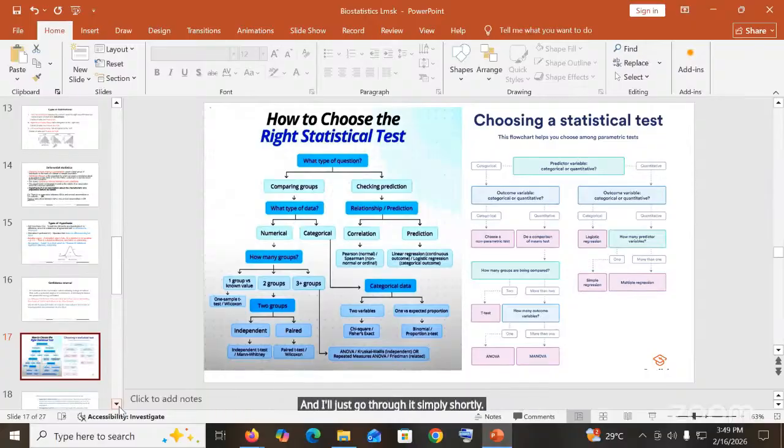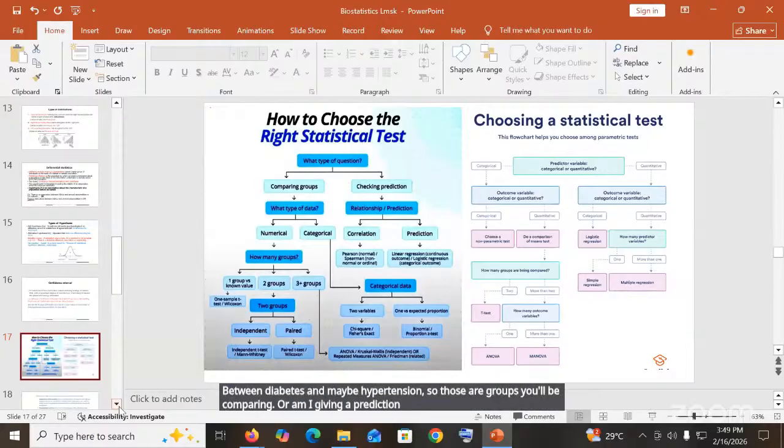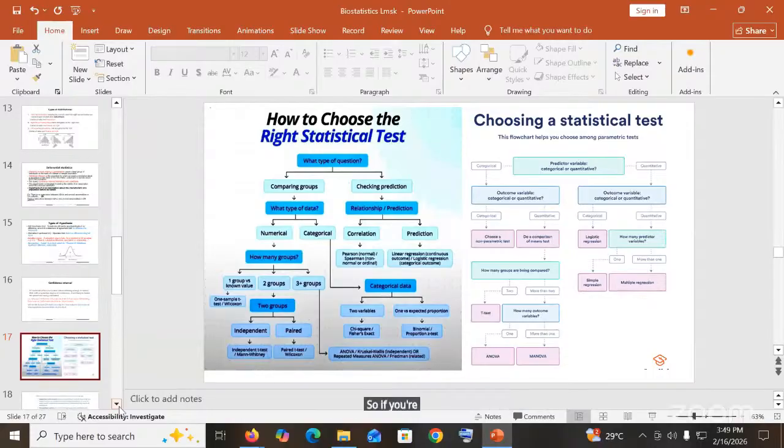If you are comparing groups, you will ask yourself first of all, what type of question? Am I comparing groups between diabetes and maybe hypertension? So those are groups you'll be comparing. Or am I giving a prediction, an assumption? If you're doing an assumption, you use a different test.